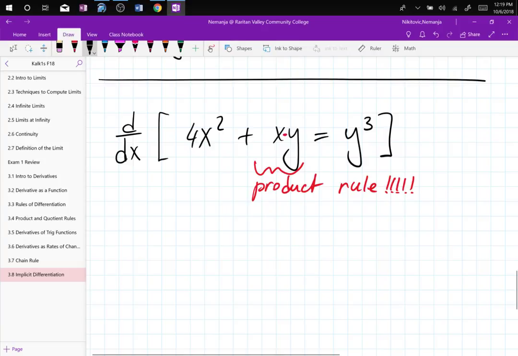So the derivative of 4x squared is 8x, very good. dx. I don't have to write it, but it's dx, right? Plus, and here is my product rule now. Copy the first, derivative of the second, plus copy the second, derivative of the first.